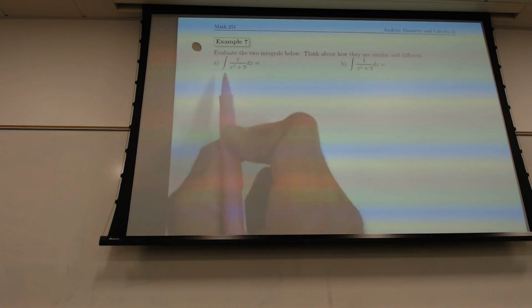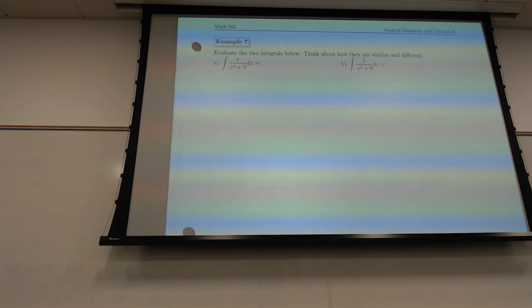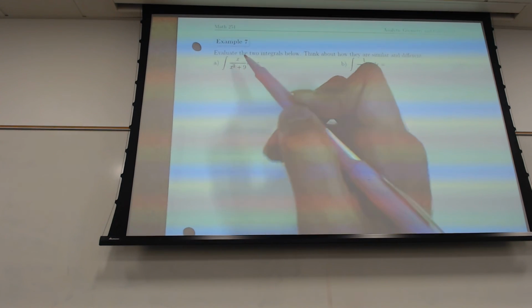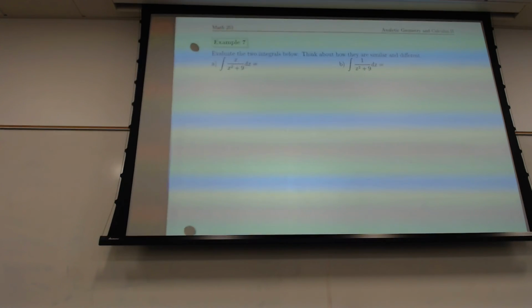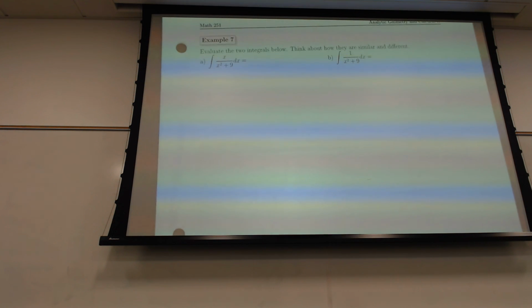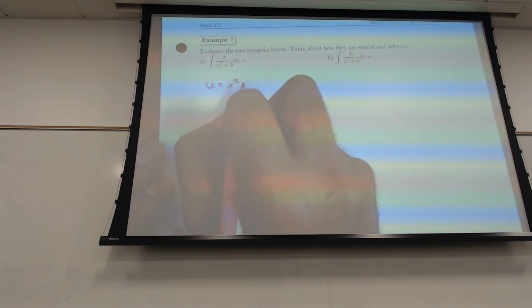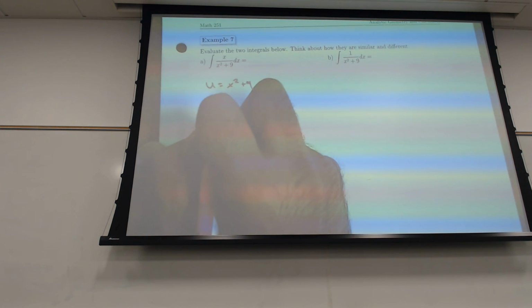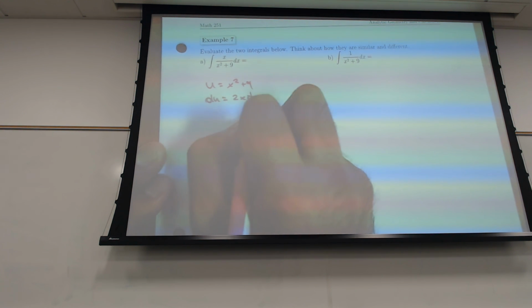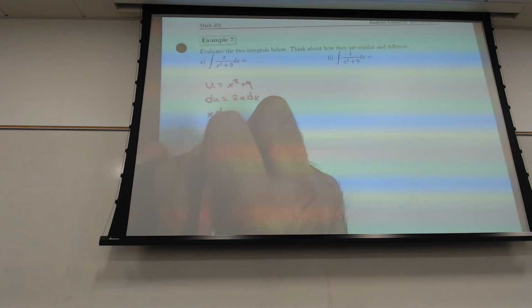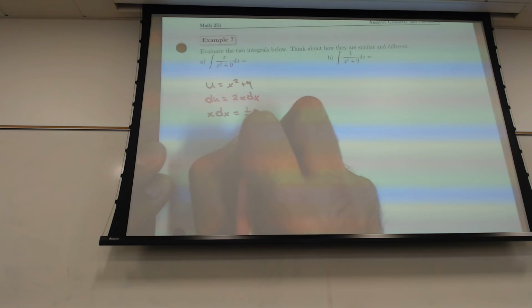When it comes to polynomials, that's typically 1 degree less than what we have for the u. And in this case, the U-substitution works. u equals x squared plus 9. du equals 2x dx. And x dx equals 1/2 du.